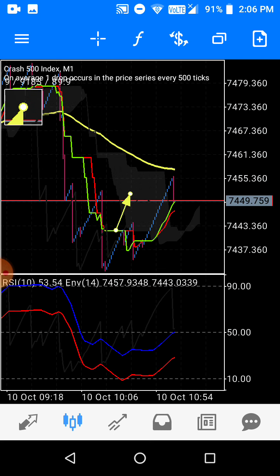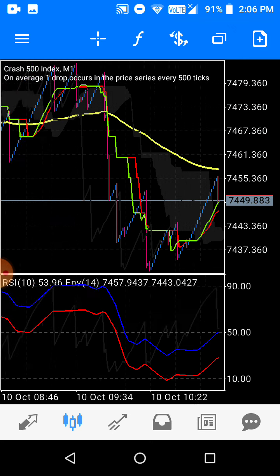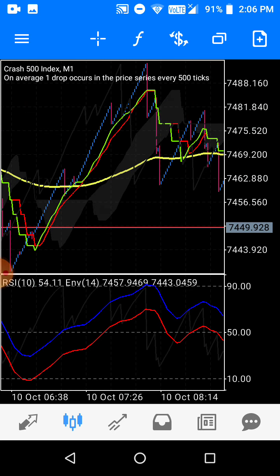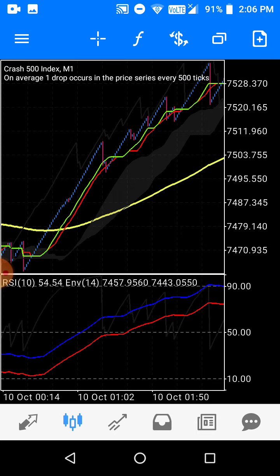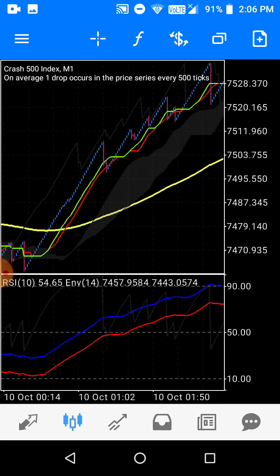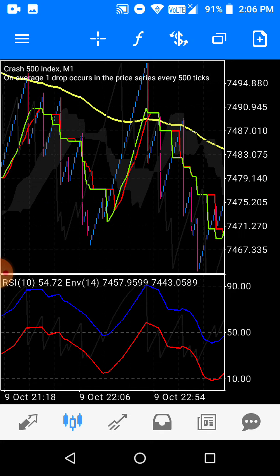This yellow line here is the moving average 200, so the market has to be above this line. Once the market is above the moving average 200, we have to wait for the envelopes to come and meet up.